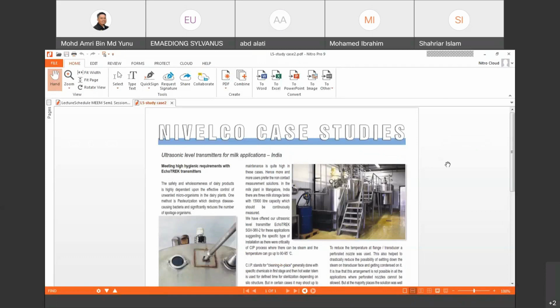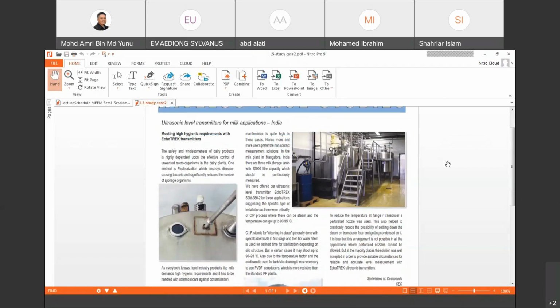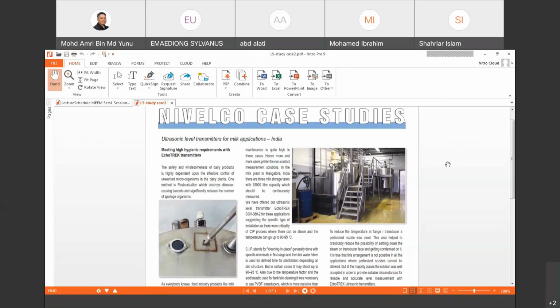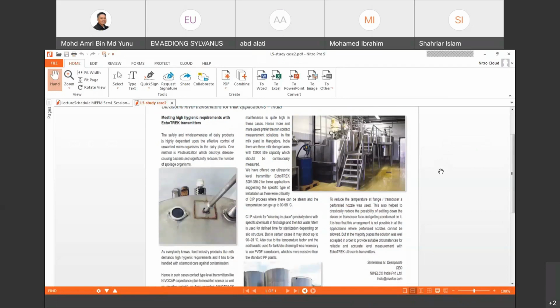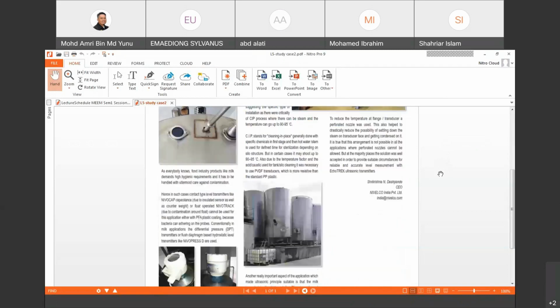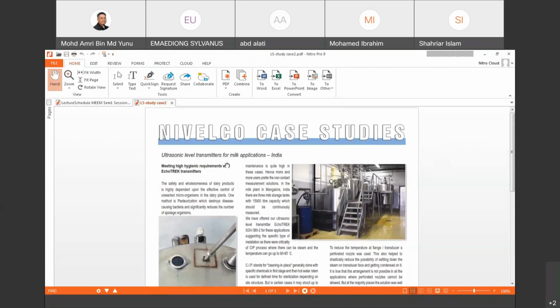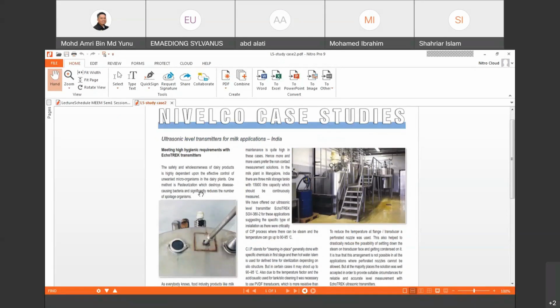Okay, let's look into this example. This example is to find a system that can measure the milk level in a vessel. The predetermined choice is the ultrasonic level transmitter, where we use the acoustic signal to estimate the height.